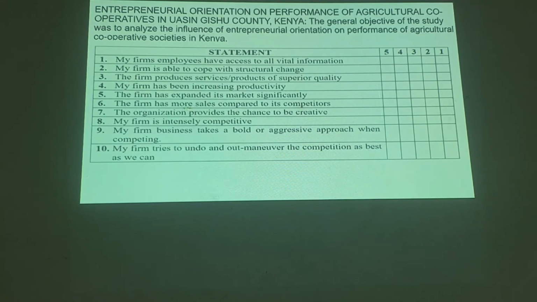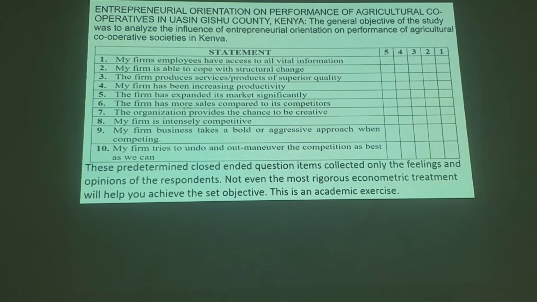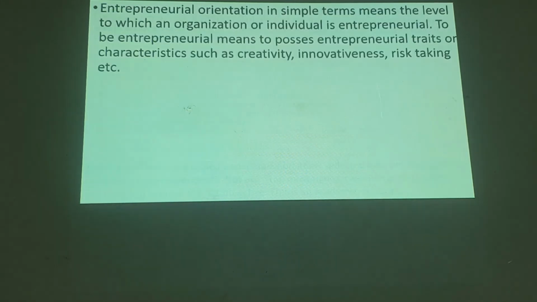You can see Likert scale, we are saying these predetermined closed-ended question items collected only the feelings and opinions of the respondents. Not even the most rigorous econometric treatment will help you achieve the set objectives. This becomes an academic exercise.